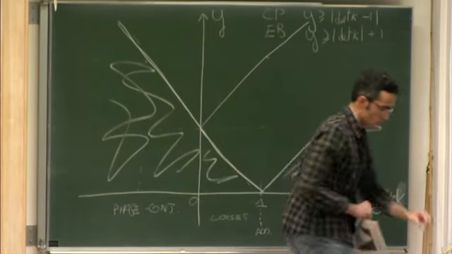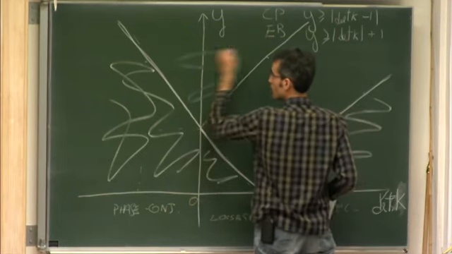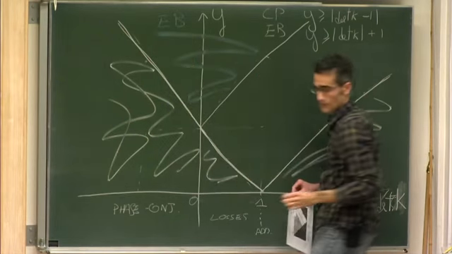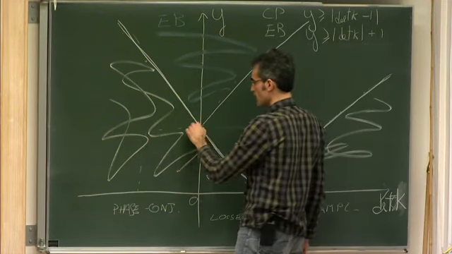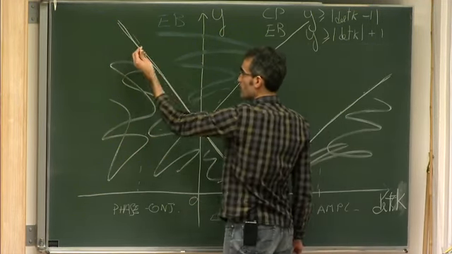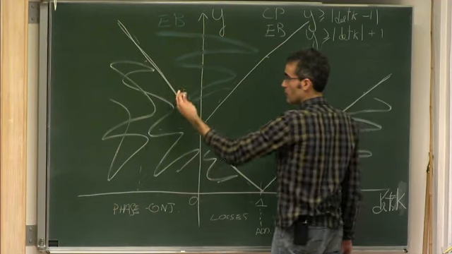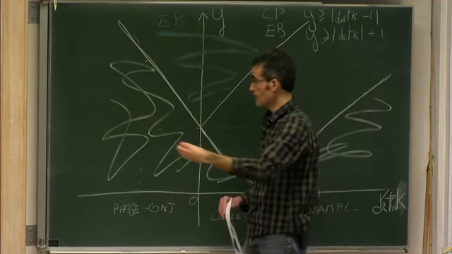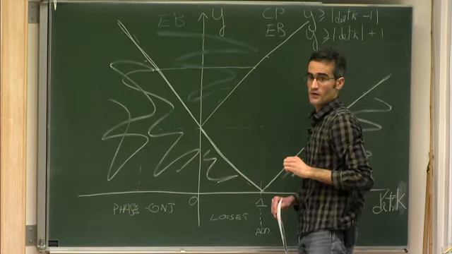So all the channels here will be entanglement breaking. And if you know that these are entanglement breaking, it's easy to see that this boundary is also entanglement breaking, because basically what I'm doing, if I do a transposition after my channel, is moving from here to there.